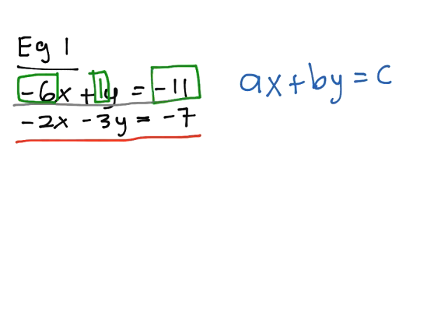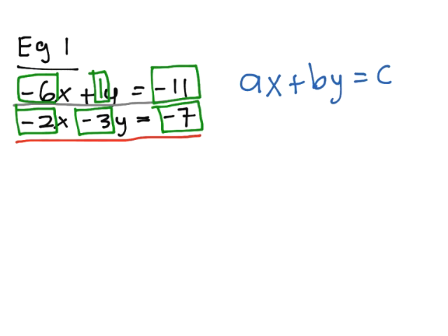The second equation, we have negative 2 for x, negative 3 for y, and negative 7 for c. The first equation will be the first row, the second equation will be the second row.